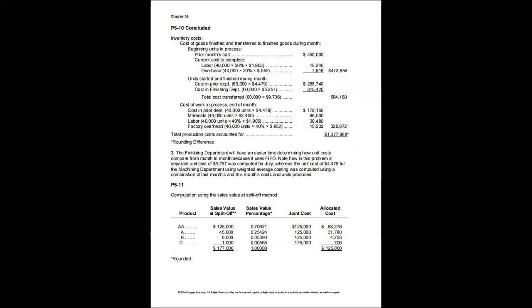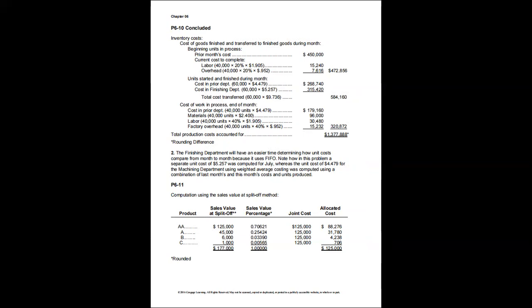Now, another requirement in problem 6-10 is in number one, the cost production summary. So this extends up to the prior month's cost of 450,000, and we are adding the current cost to complete, 40,000 times 20% times 1.905 and times 0.952.